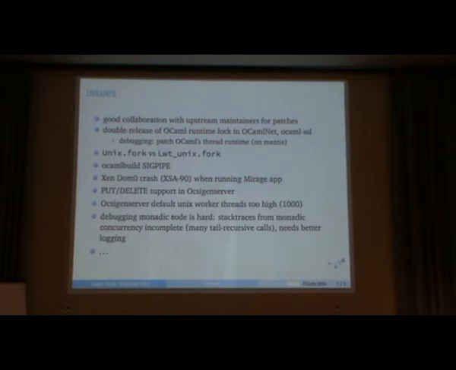This is currently on Mantis, but given the work on OCaml multicore, it probably should wait until a later time. Some other examples of interesting bugs are using Unix fork instead of Lwt Unix fork, which can cause your application to hang in interesting ways. And of course, there were some missing features that needed to be added to Ocsigen server, for example, to fully support the REST API.